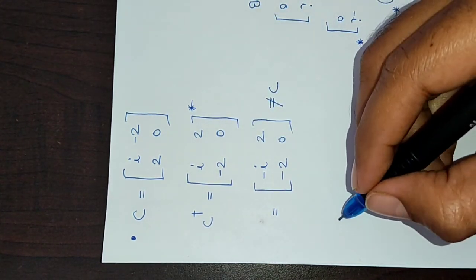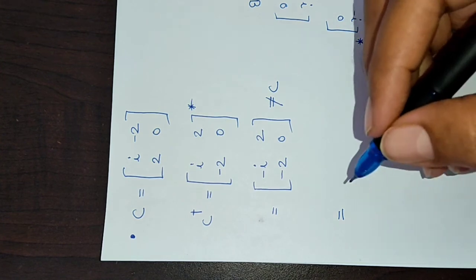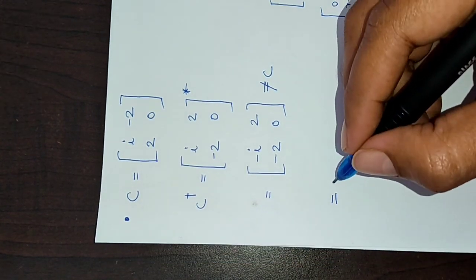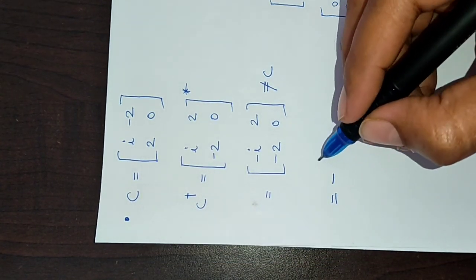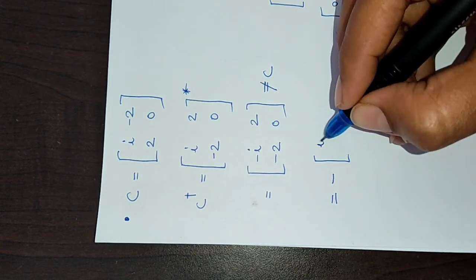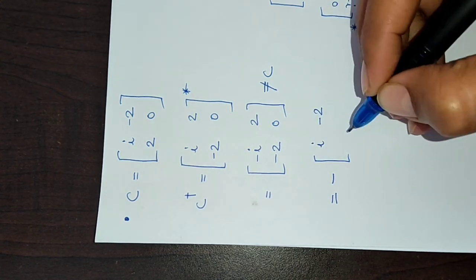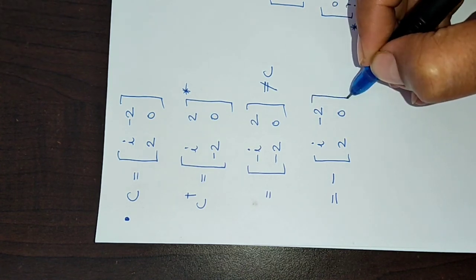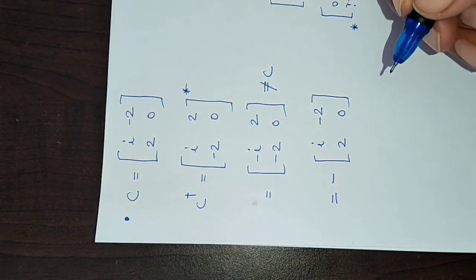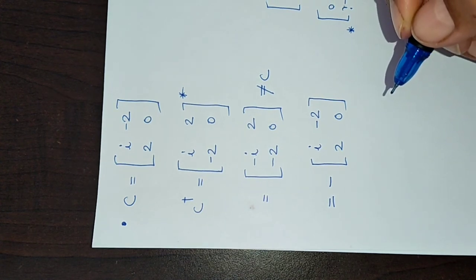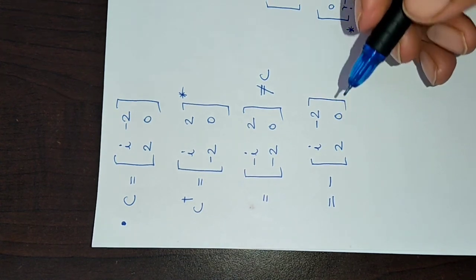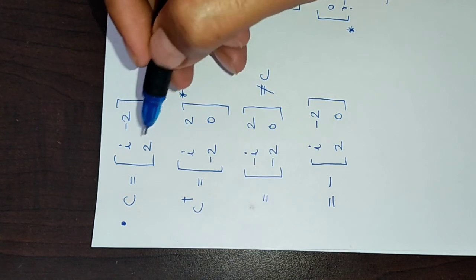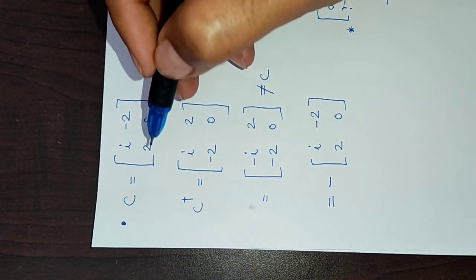But another aspect is coming if we have a closer look. Let us take minus 1 common. So it will be i, it will be minus 2 here, it will be 2 and it will remain 0, unaffected by the negative sign. So we are getting back C. This is i, minus 2, 2, 0.